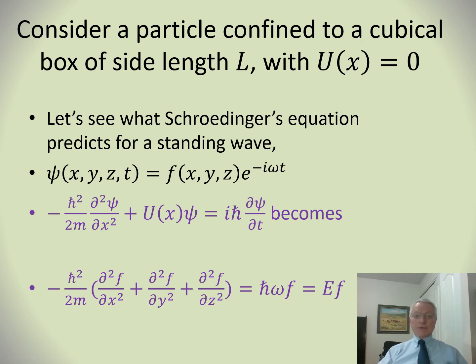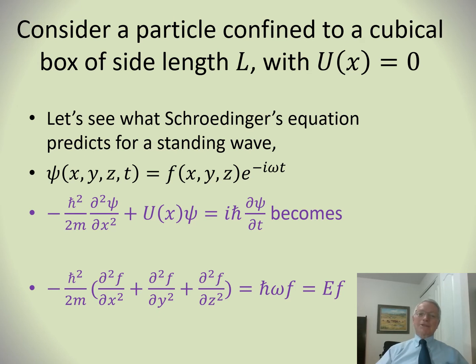So we take Schrodinger's equation, we look for solutions that look like standing waves. Those are the solutions that give you energy levels in these systems. So we look for a standing wave solution, so some function of space, f of x, y, z, times a function of time. And because it's quantum mechanics, we always choose e to the minus I omega t. We don't pick cosine omega t or sine omega t.